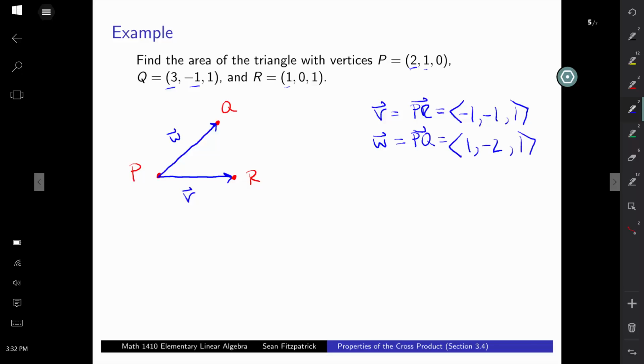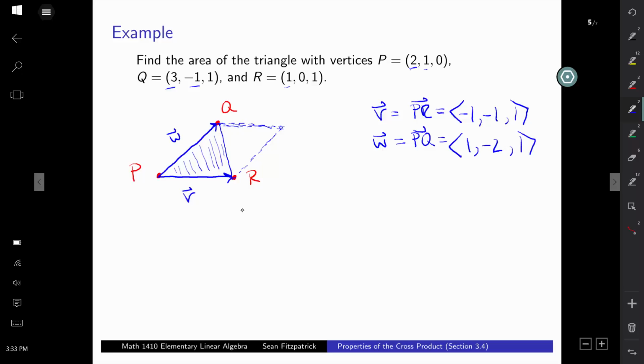Now, where is the triangle I want? So the triangle I want is here. Let's close this off. Here's the area I'm trying to find. One of the tricks you can do here is you can complete this thing to a parallelogram. So we complete this to a parallelogram, so the area of the two halves is the same, right?